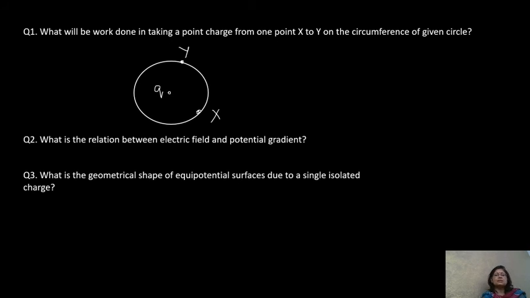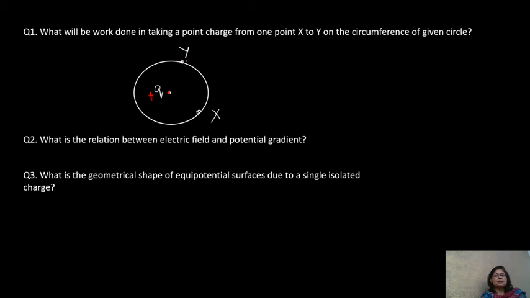First question is, what will be the work done in taking a point charge from one point x to y on the circumference of the given circle? And here is a plus q charge.